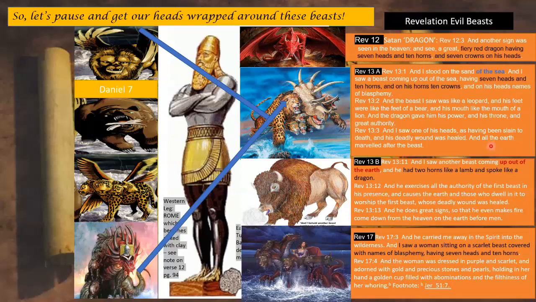But here in Revelation 17, we see the beast described as a scarlet beast, which also connects us back to the dragon. So I saw a woman sitting on a scarlet beast covered with names of blasphemy, having 7 heads and 10 horns. And the woman was dressed in purple and scarlet and adorned with gold and precious stones and pearls, holding in her hand a golden cup filled with abominations and the filthiness of her whoring.